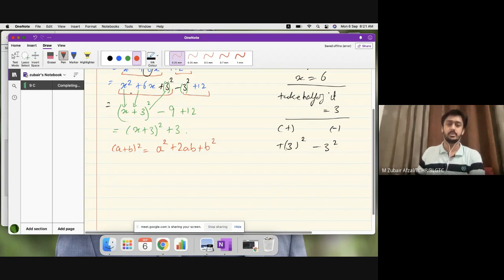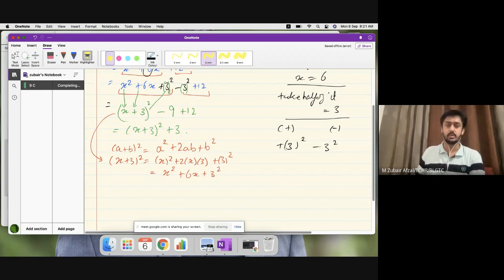You have your controls, you can do it. And what we did is x plus 3 whole square. So this must be a square plus 2 times a times b plus b square. If I simplify it as x square plus 6x plus 3 square.